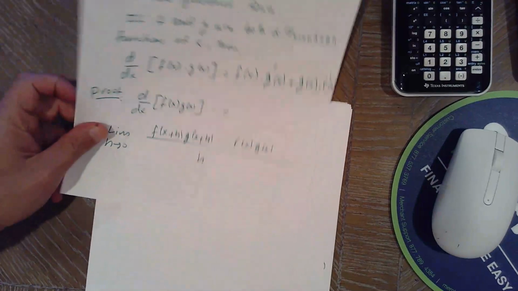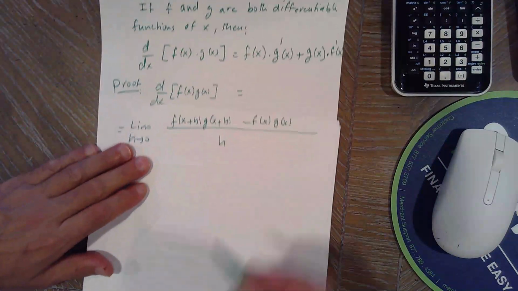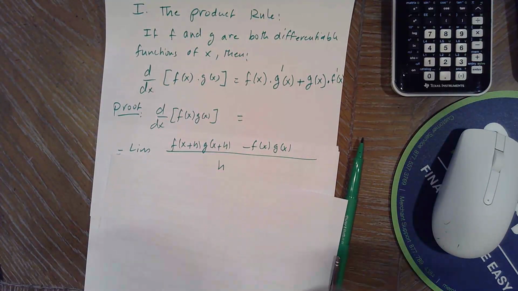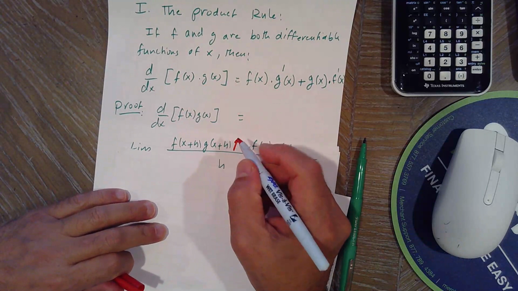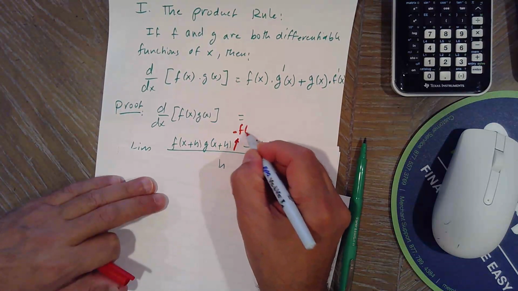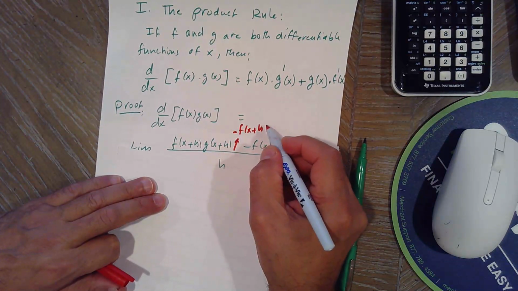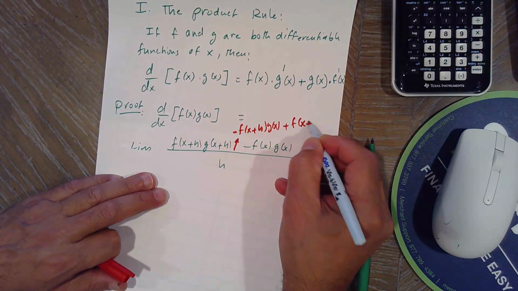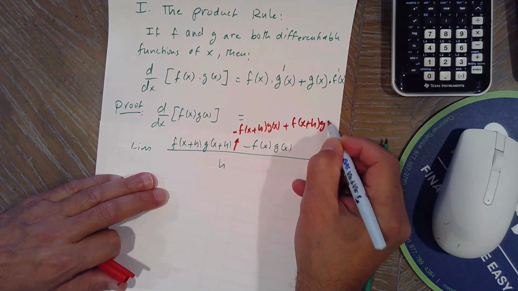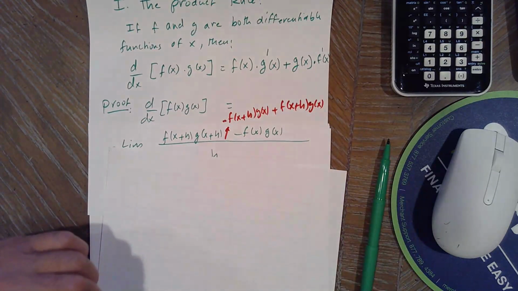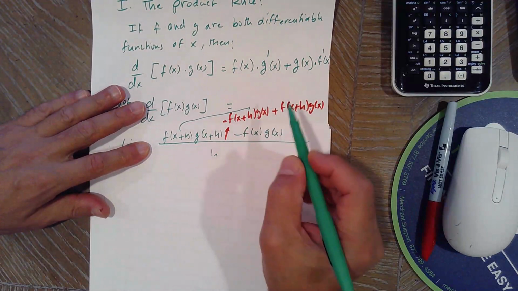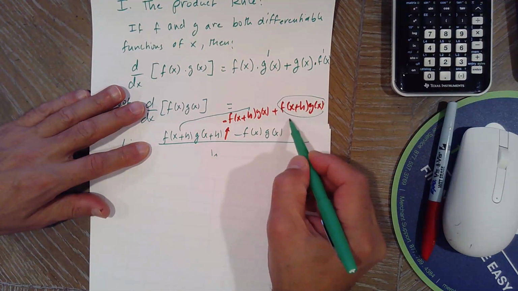Now, if we add and subtract the same expression, minus f of x plus h, g of x, and then plus the same thing, f of x plus h, g of x, what's going to happen if we pull these two terms together, and this and that together?